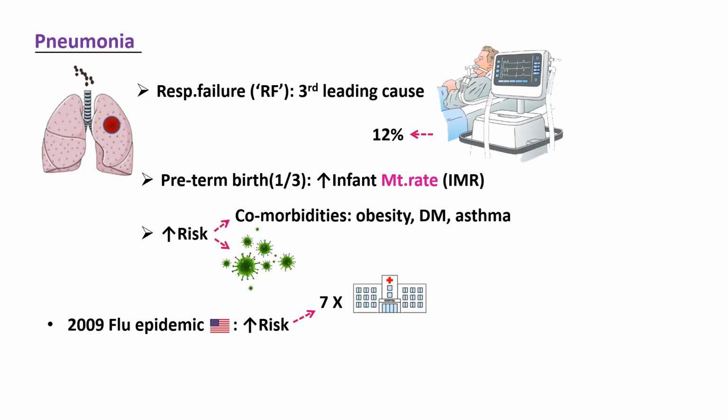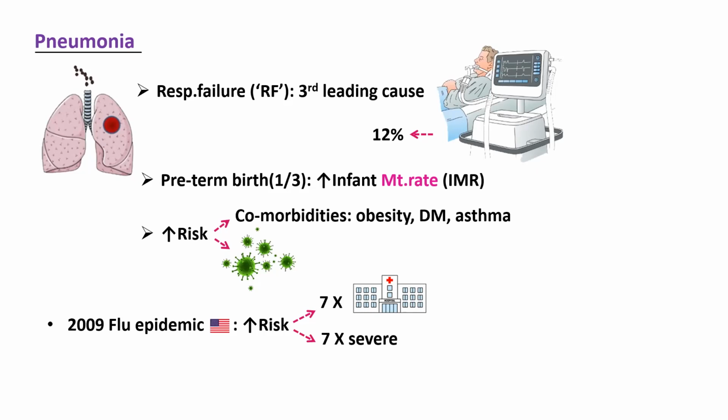So one needs to be aware that pregnancy and pneumonia is not a good thing because they tend to get sicker, and their propensity to get admitted to hospital goes up by 7-fold, and they are at a 7-fold higher risk of developing severe respiratory failure or severe pneumonia.